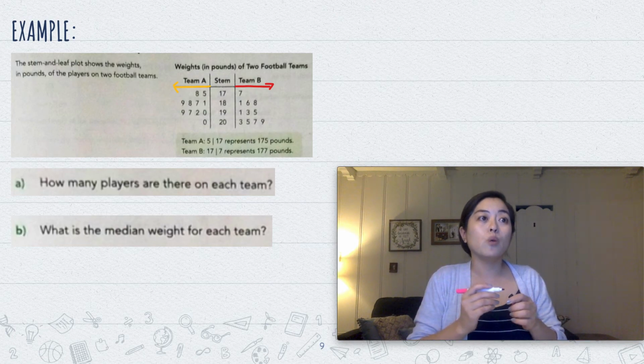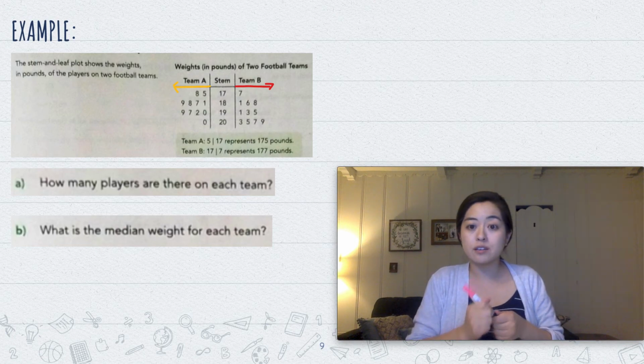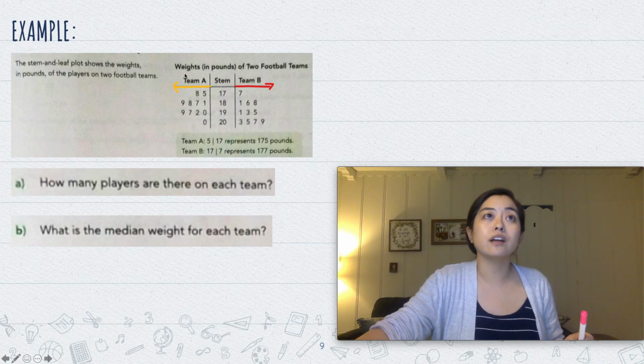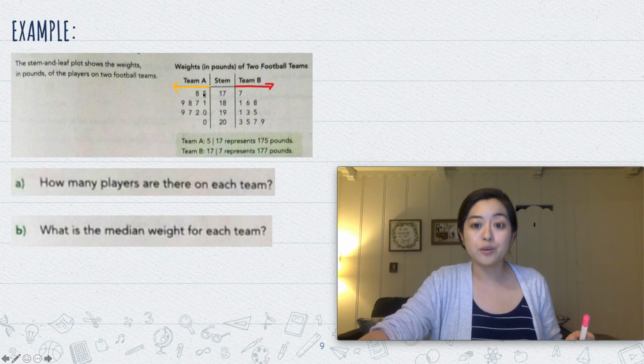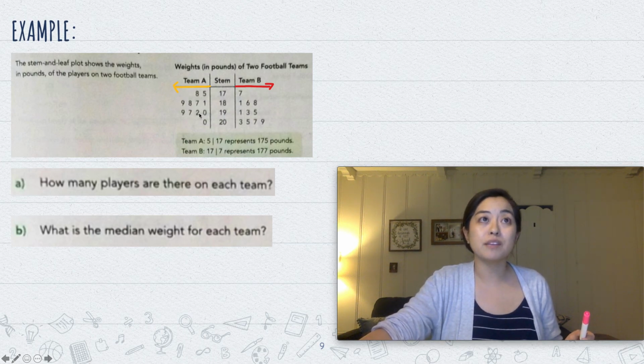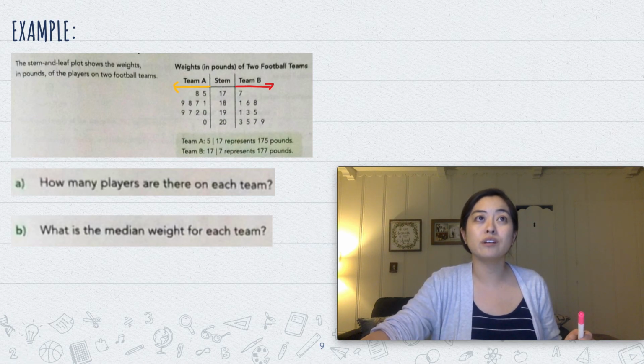All right, what is the median weight for each team? So I know that there's 11 players on team A. So that means my sixth value will be my median. Let's count. Let's start from the top. 1, and I have to make sure I go in order.